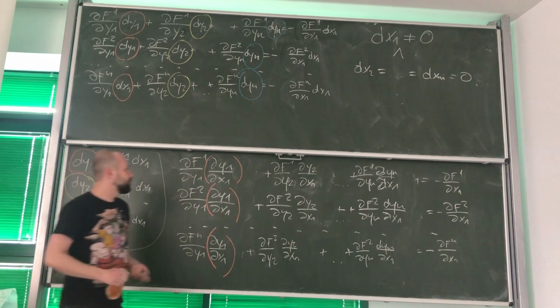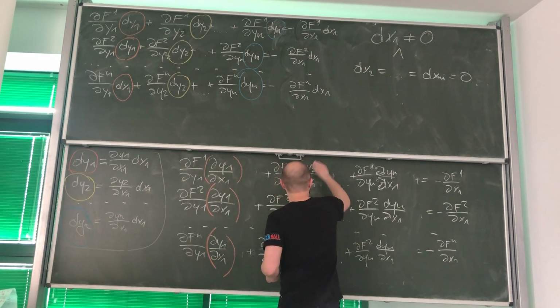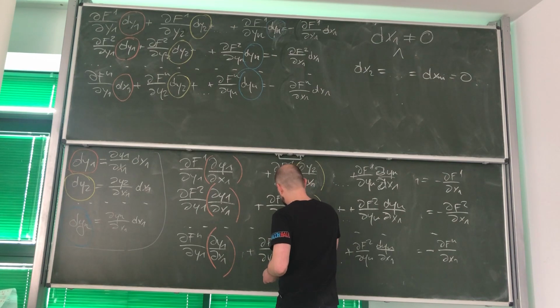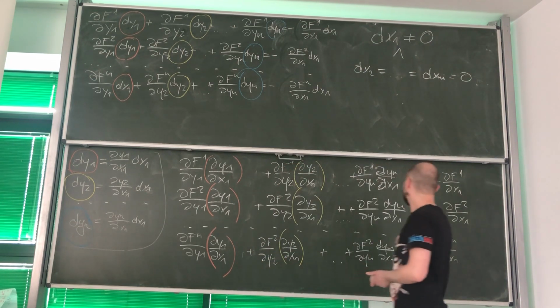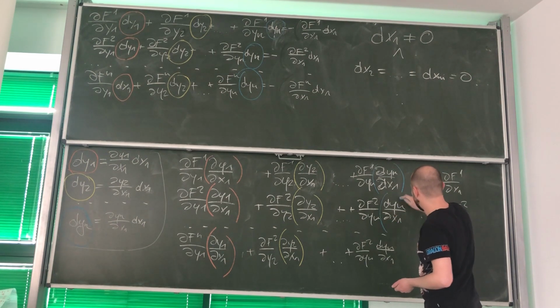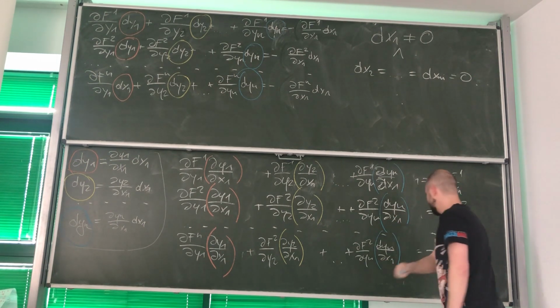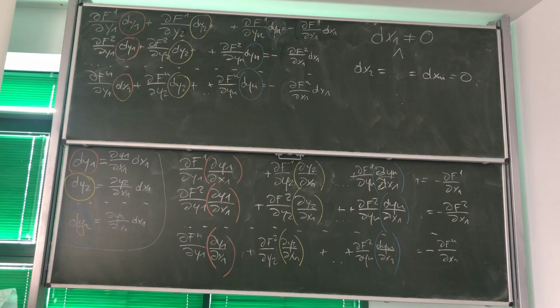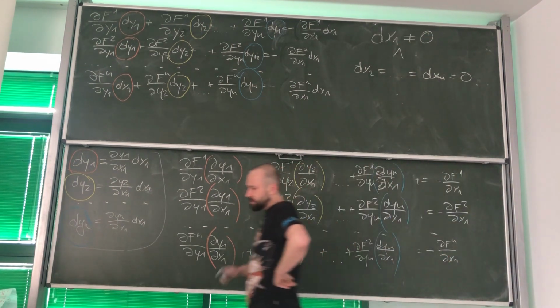Then, in each equation, we've got component dy2/dx1. And in each equation, we've got component dyn/dx1. Look, if we've got such a repetition, this definitely looks like something we could put into a matrix notation.